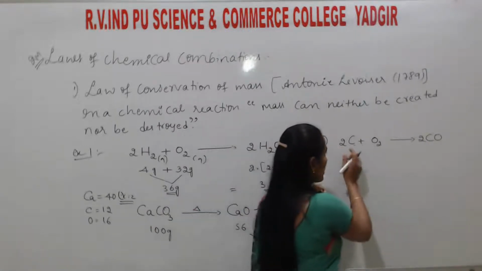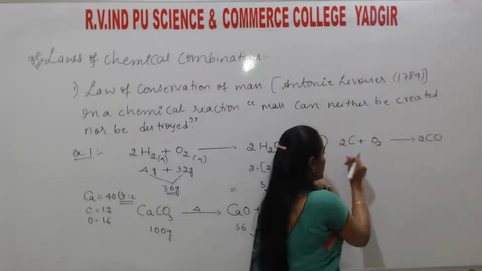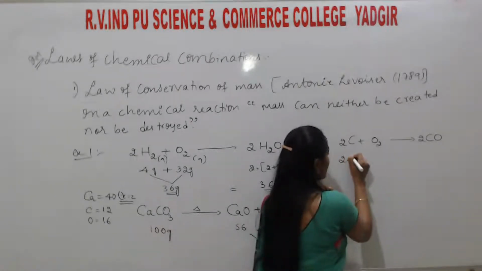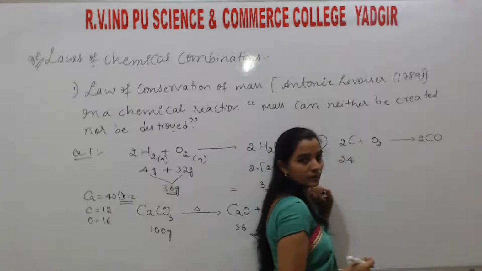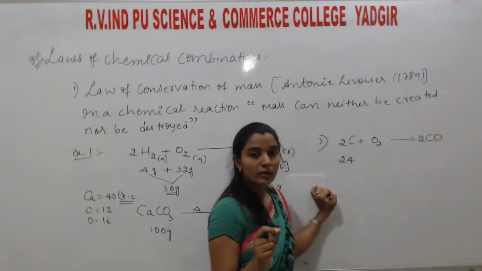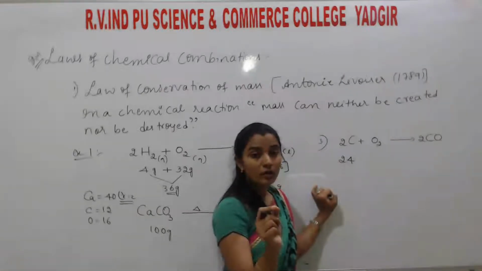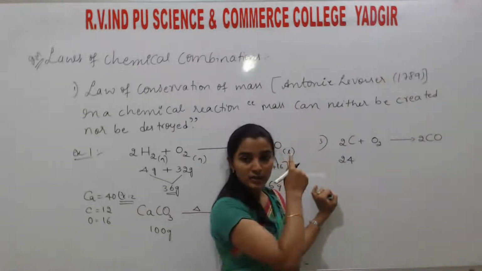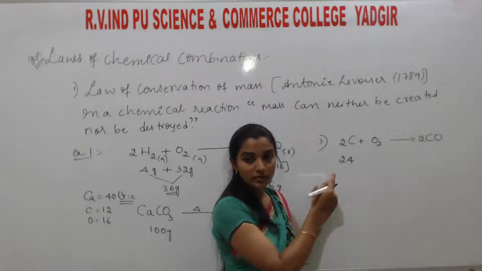So students, carbon here in 2 moles means it is 24 gram. 12 twos are 24. Atomic mass of carbon is 12. You have to consider atomic mass, not atomic number, because we are studying conservation of mass.